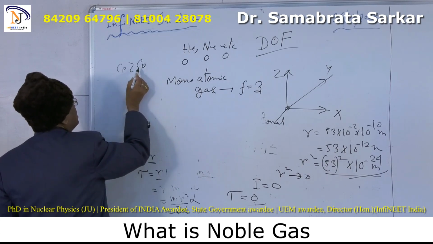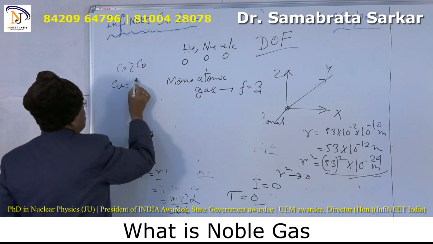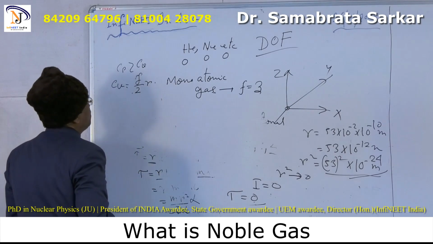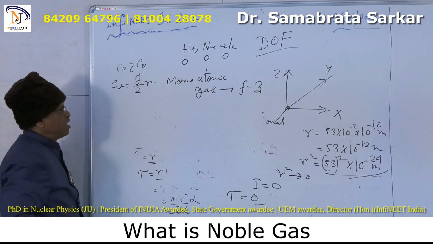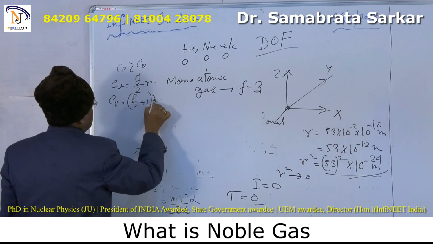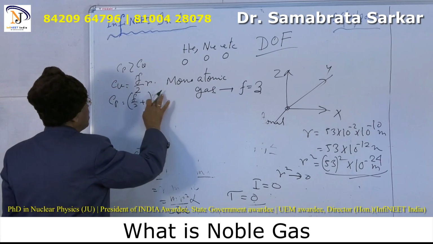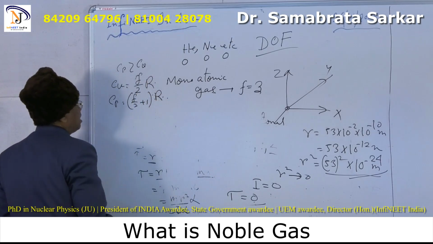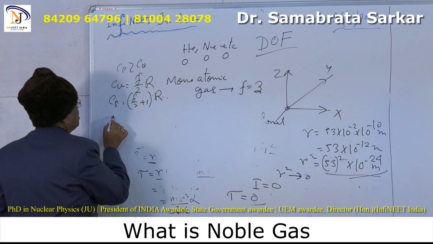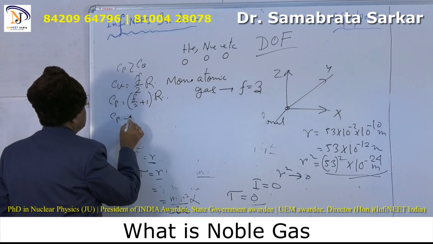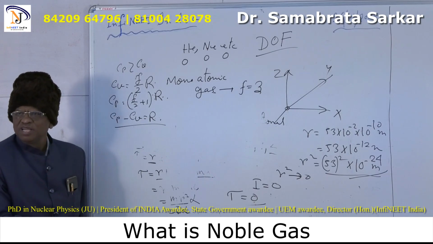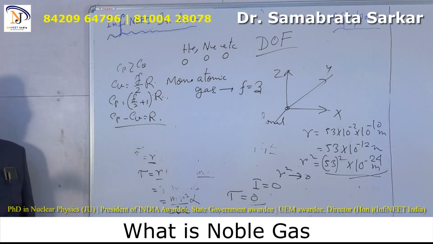Cv equals F by 2 into R, and Cp equals F by 2 plus 1 into R. Just to take the difference, Cp minus Cv will be equal to R. R is gas constant.